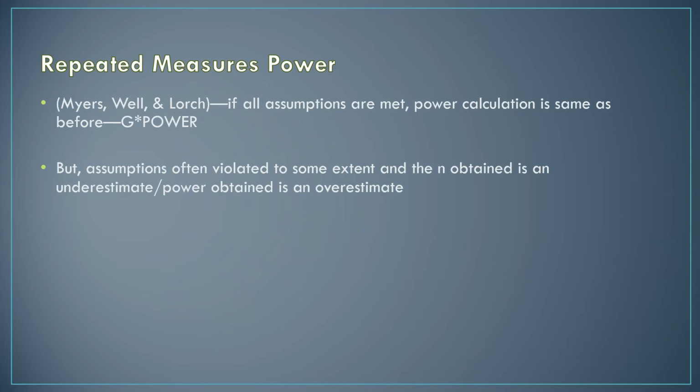And so you get an underestimate of the sample size that's being used, and you get an overestimate of the power that is obtained. And so you have to make sure that you are meeting the assumptions of within subjects or repeated measures models and designs to ensure that your power calculation is accurate.